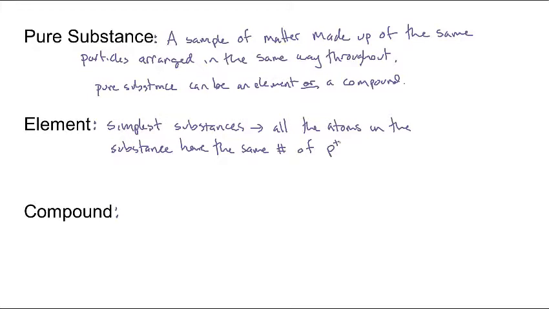So if I have a sample of pure iron, all of the atoms will just have 26 protons. If I go back to my sample of pure oxygen gas, all of the atoms will just have 8 protons. Okay, so element, all the atoms have the same number of protons.